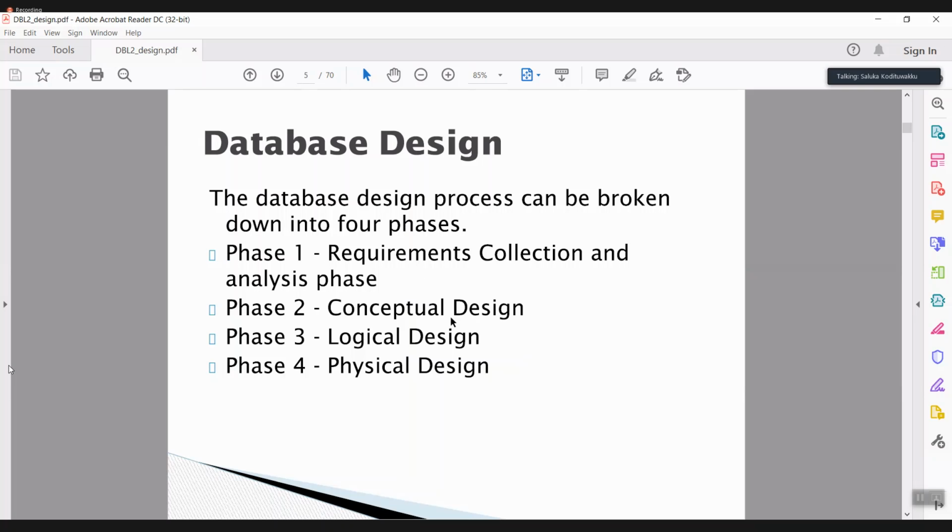But if you want to make it concrete, what we call a concrete database, meaning the usable database, then you have to complete phase 4, that is the physical database design. The physical database design is the phase where we select the appropriate electronic media, disk or tape or whatever, and then we implement the structure proposed by the logical design.